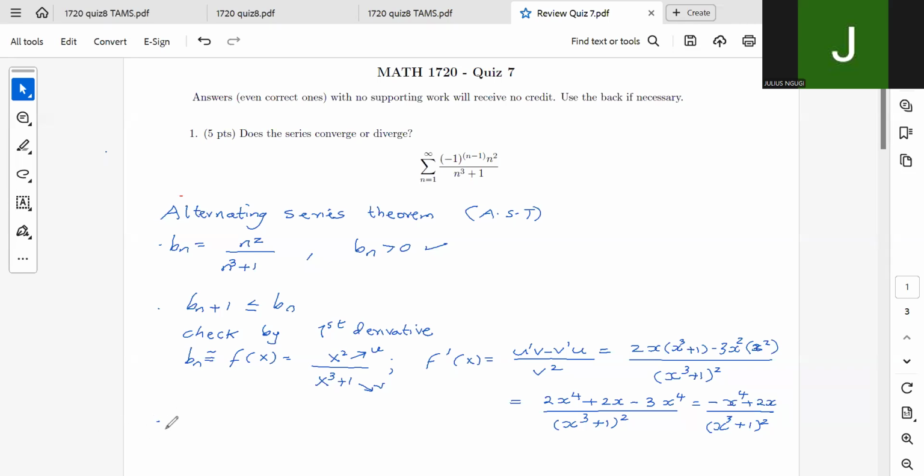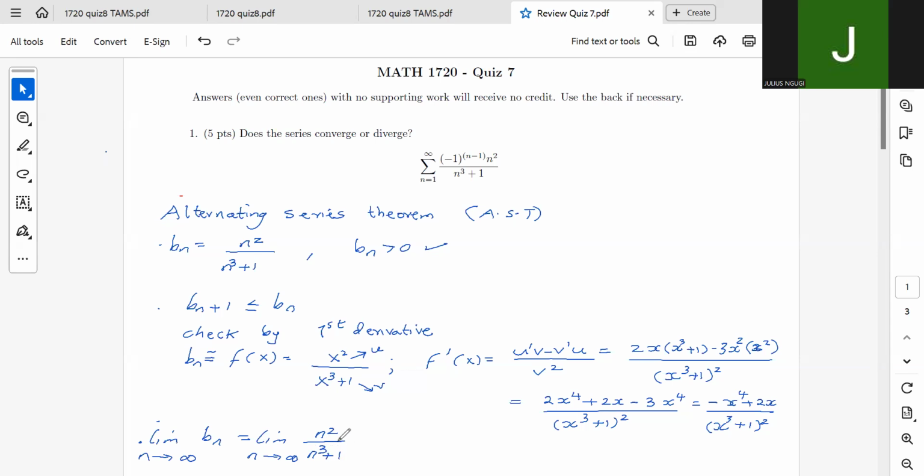That condition will now be to find the limit as n tends to infinity of Bn, and we expect that if it equals 0, it converges. If it does not equal 0, then it diverges. So we have the limit as n tends to infinity of Bn, n squared divided by n cubed plus 1.